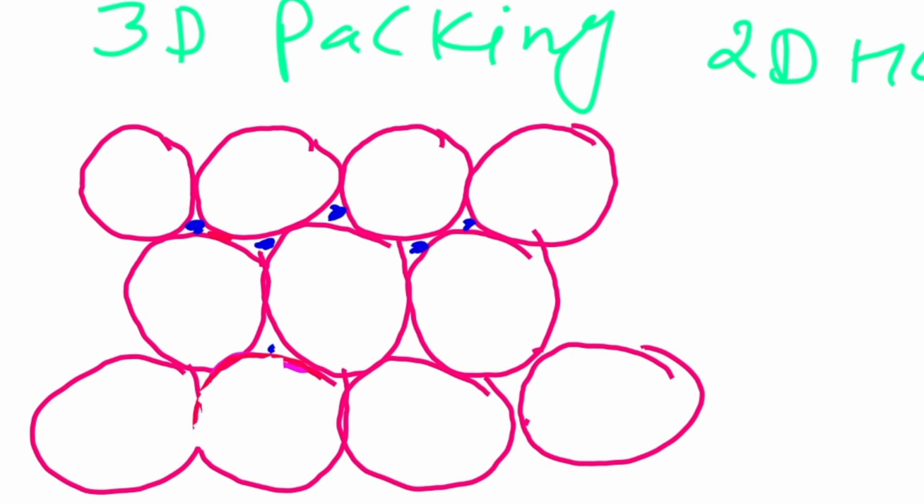Okay, now you see, all of you, please see, these are the voids. The empty spaces in the atoms, these are called voids. Okay, now you see, at the place of these voids, whenever we have to keep the sphere, we can keep the sphere only on one void.